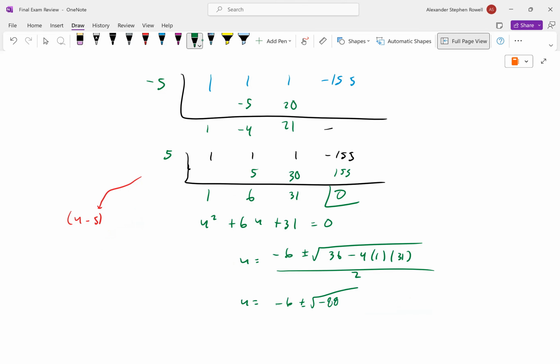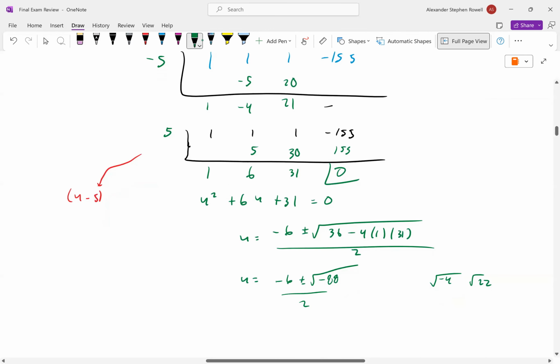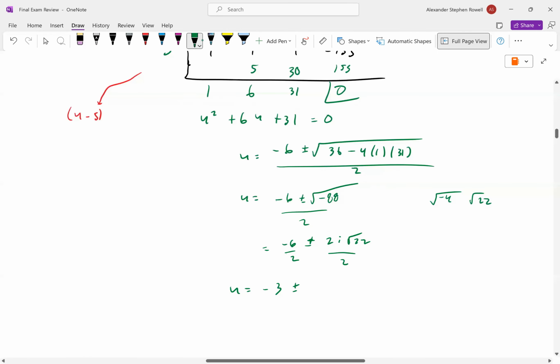Okay, which simplifies to square root of -4 times, or 8 times 11, so 4 times 22. Is that right? Yes. So -6 plus or minus 2i root 22. And we can write these each over 2. -3 plus or minus, and these 2's will cancel.